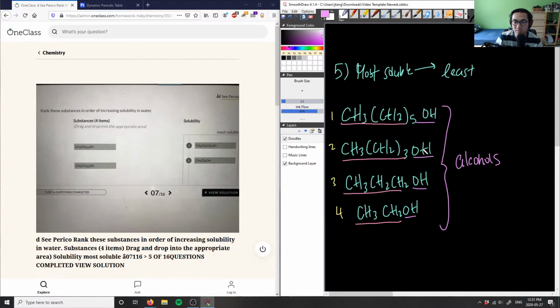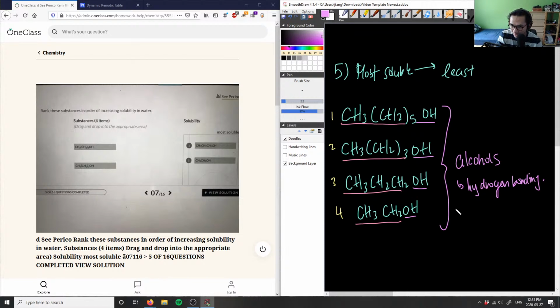When we're talking about solubility, we care about the intermolecular forces that exist in these compounds. Since they're all alcohols, they all have hydrogen bonding, because the hydrogen on the hydroxyl groups can make hydrogen bonds with the oxygen atoms in solution.